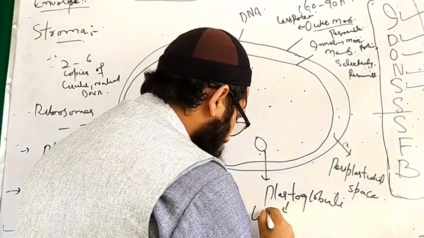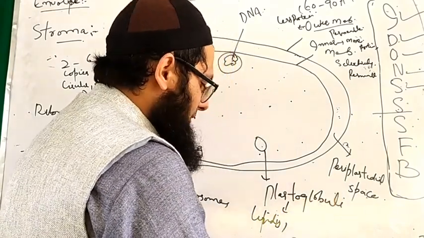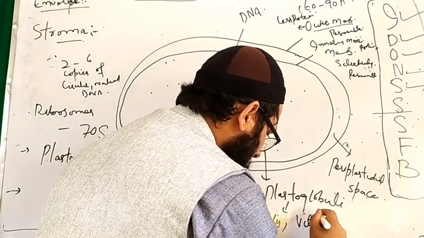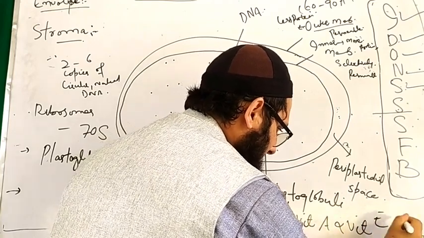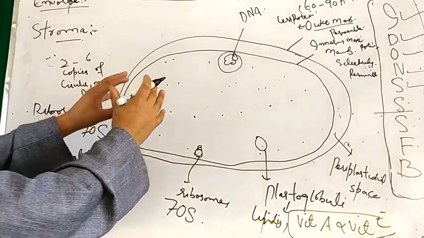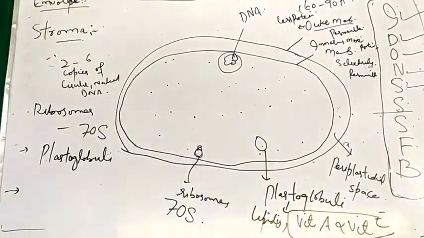It stores lipids, for example plastoquinone, and it stores vitamin A and vitamin E. So this is very important. This plastoglobuli structure, which is present in chloroplast, stores lipids, vitamin A and vitamin E. Okay.